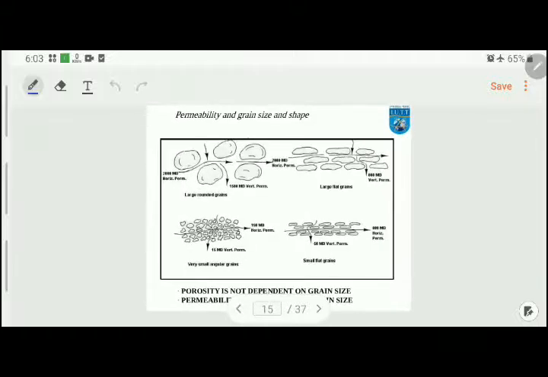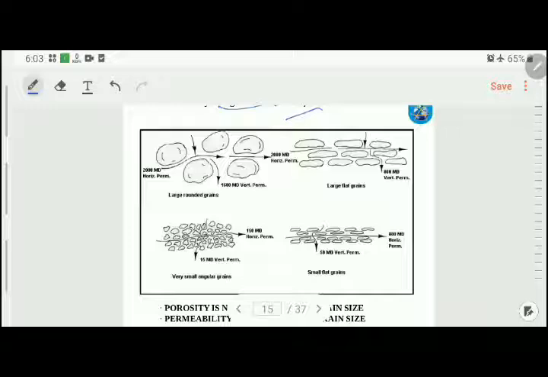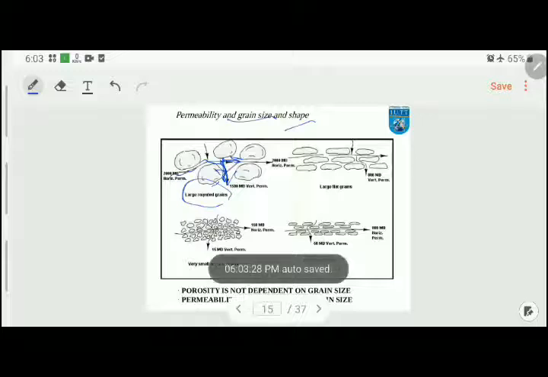Permeability and the grain size and shape itself. Notice in this picture the large round grains of these areas can give us some permeability or some void space through these rocks.